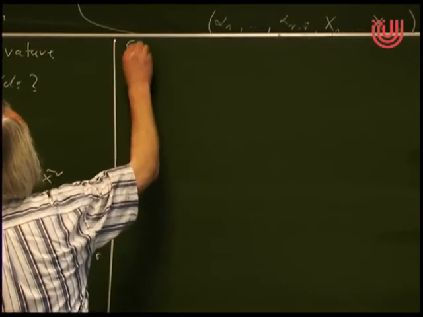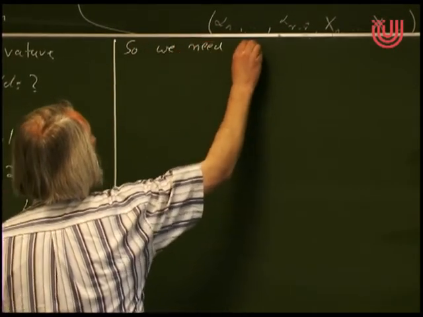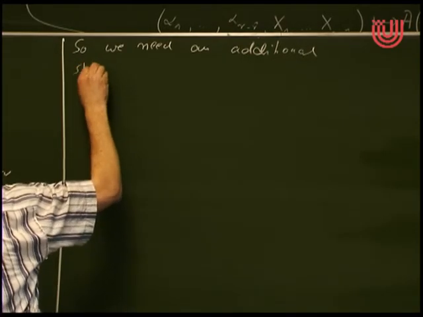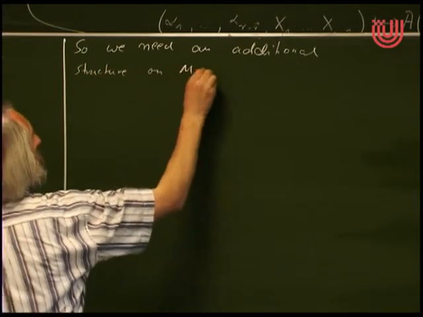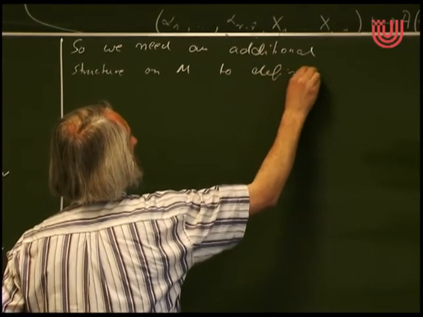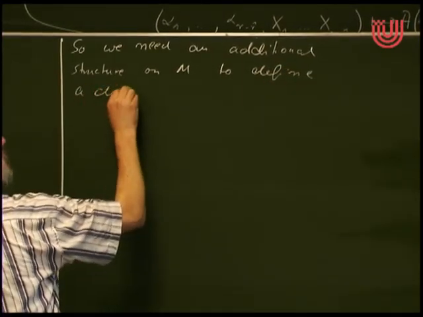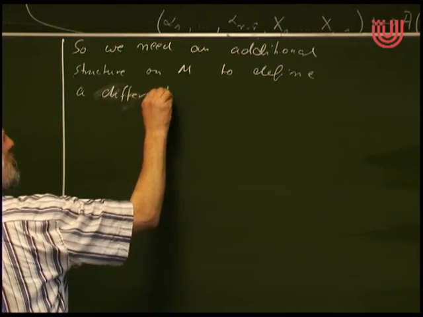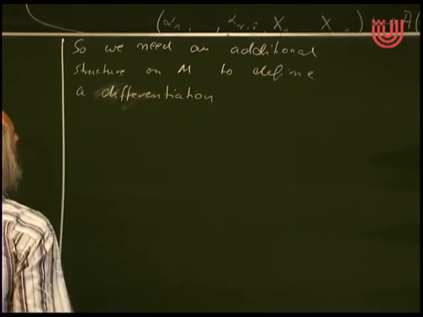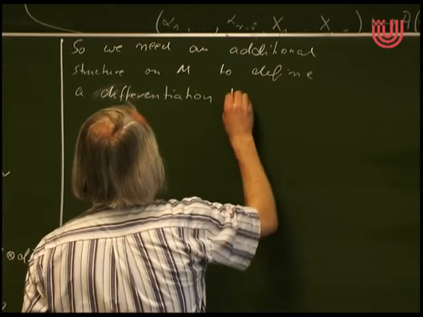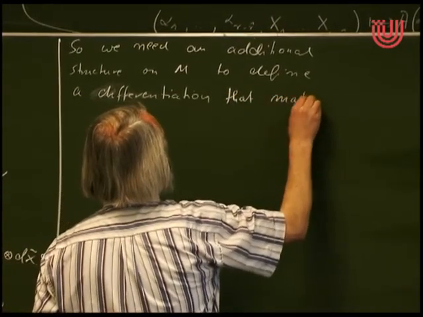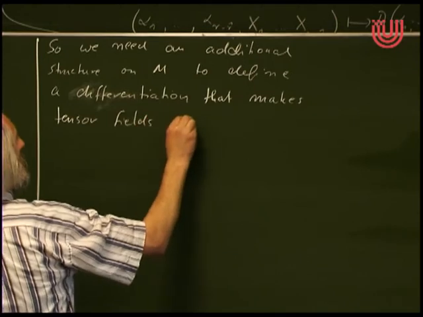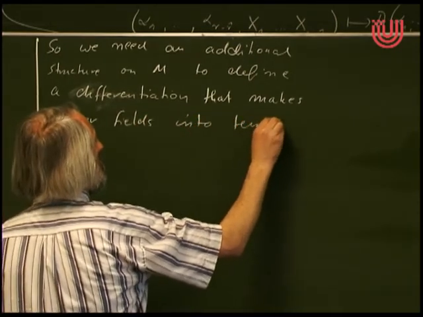So we need an additional structure on M to define a derivative, or differentiation, a process of differentiation, that makes tensor fields into tensor fields.